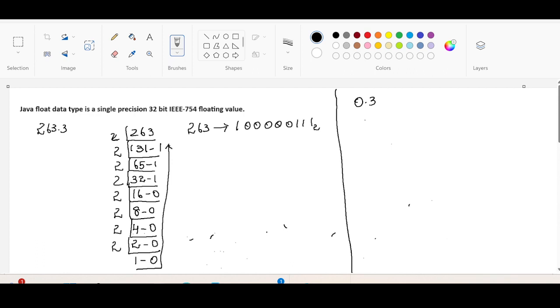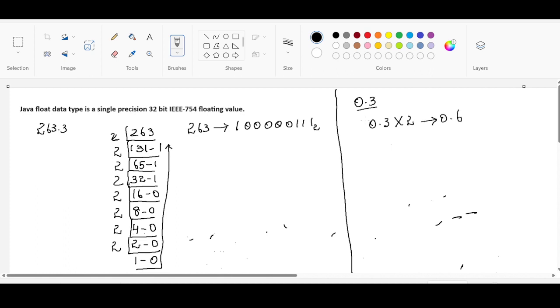The approach is: 0.3, we keep multiplying it by 2. 0.3 into 2 gives us 0.6. And we extract the whole number part, 0. The resultant value needs to be multiplied by 2 again.